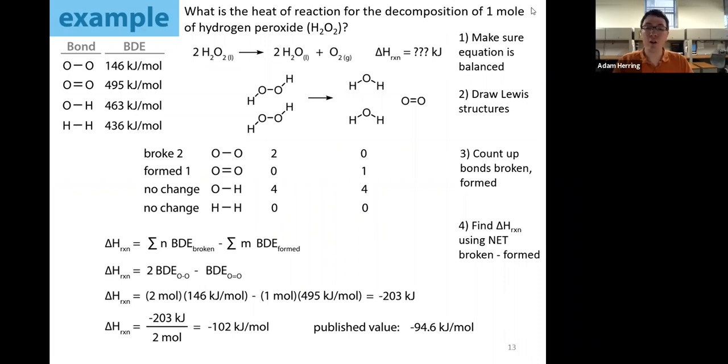So this is really close to the value we got using the bond dissociation energies. But notice that it's not exactly the same. And the reason for that is because the bond dissociation energies are computed by taking an average of different chemical structures and the energy required to break those bonds.